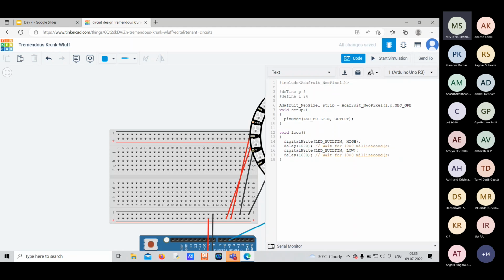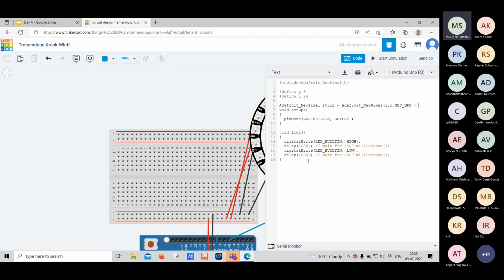So when you're giving the color input, you will be writing it in the order RGB. For that to happen, you have to define this in GRB order. If you instead write RGB here and expect RGB to be the order of the colors, that wouldn't be the case. That's the characteristic of Adafruit NeoPixel.